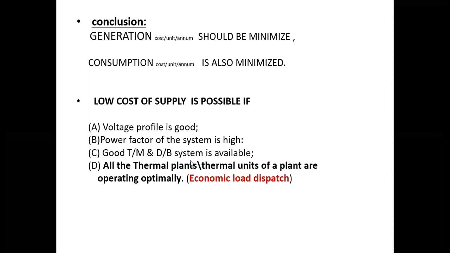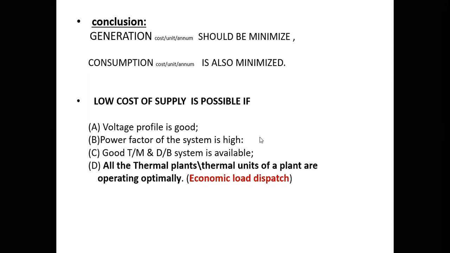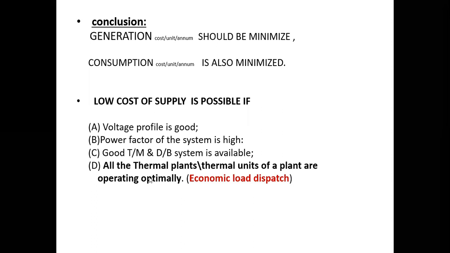When compared to the last point, the first 3 points require extra expenditure. If you want to maintain voltage profile, similarly if you want to maintain your power factor high, similarly if you want to maintain good transmission and distribution, we need to spend an extra amount. But coming to the last point, here we don't require any extra cost. The thing is, how we can operate the different units optimally.